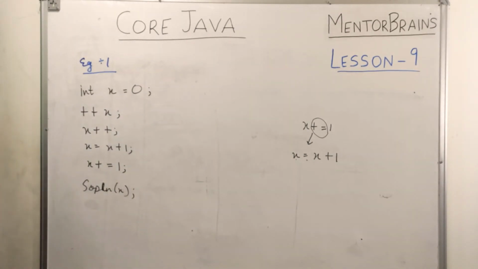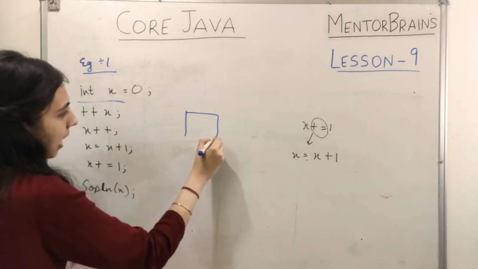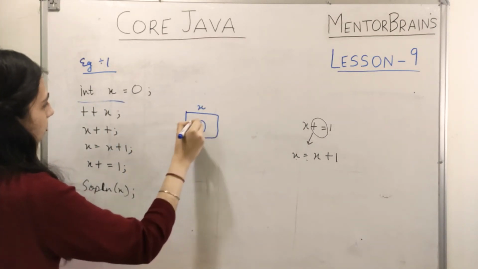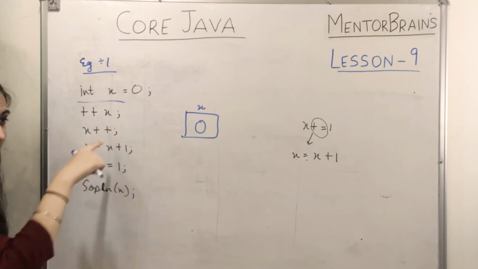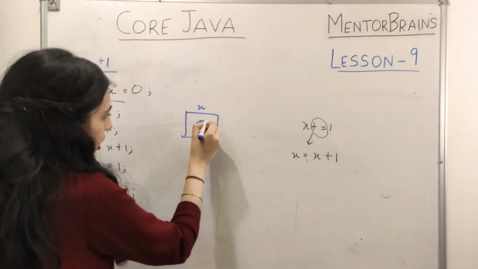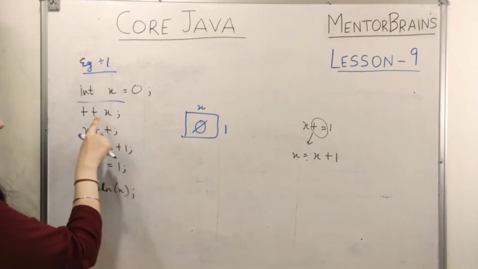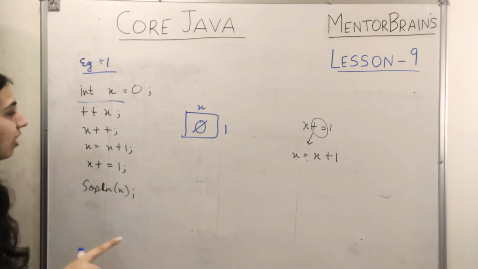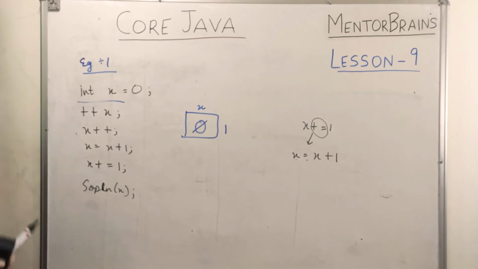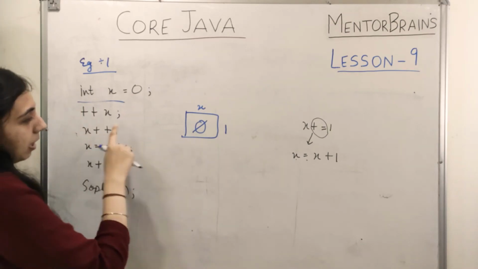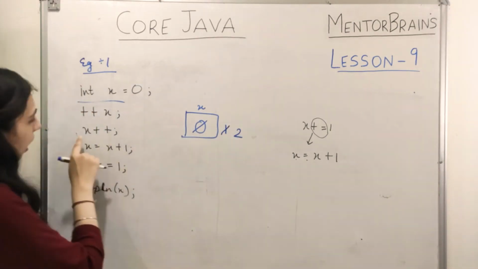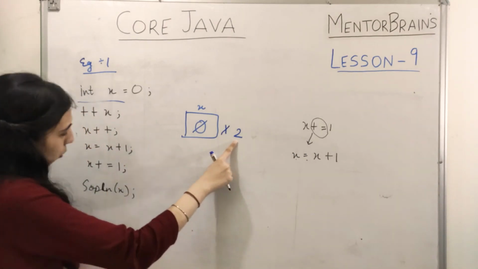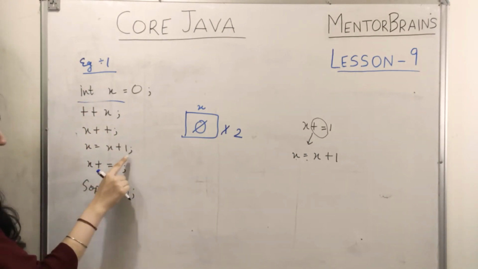So now after this, my variable x is created with 0 as the value. When ++x is executed, the value is changed to 1, because obviously this is a prefix operator and the value itself will be changing. Then x++ in this statement, again the value of x is incremented by 1. In this statement I'm getting 2. Now x = x + 1.